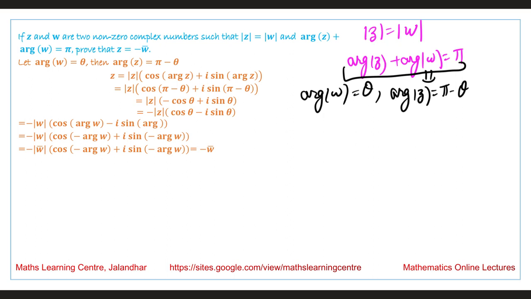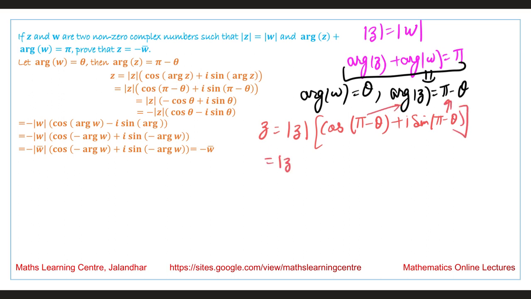So if we start solving for the value of z, we write it as mod of z into cos of the argument of z, which is pi minus theta, plus iota sine of pi minus theta. So we are writing it is mod z, and cos of pi minus theta is equal to minus cos theta, plus iota sine theta.